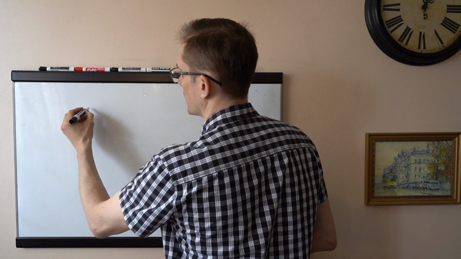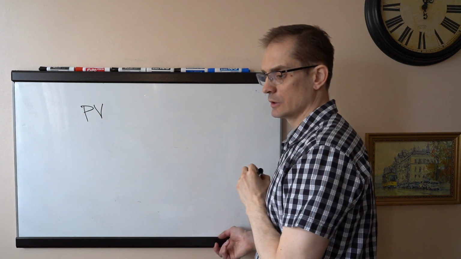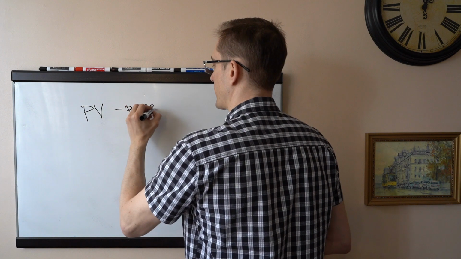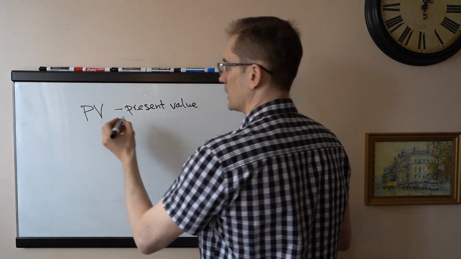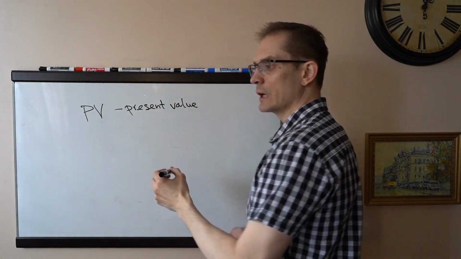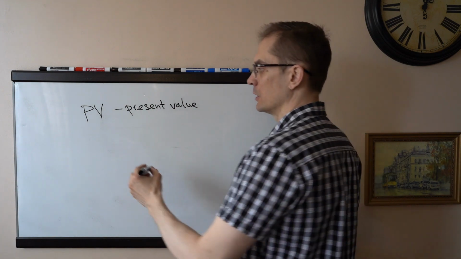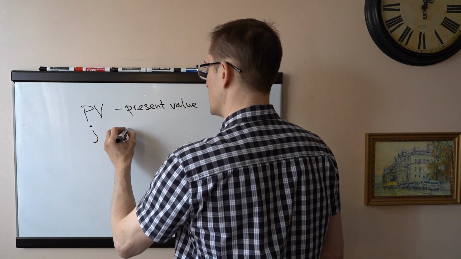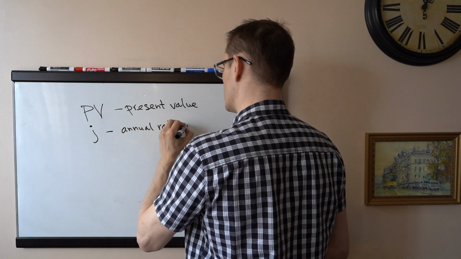When we speak about compound interest, the amount invested we will call present value. Now, if you invest that present value, your annual rate of investment, rate per year, we will call J. So J is the annual rate of investment.